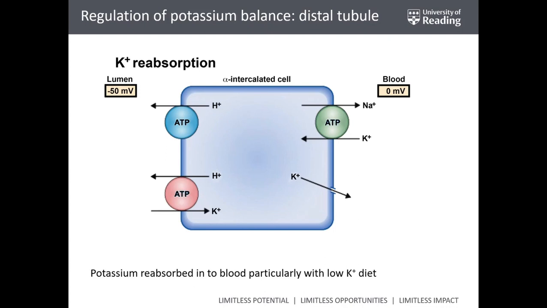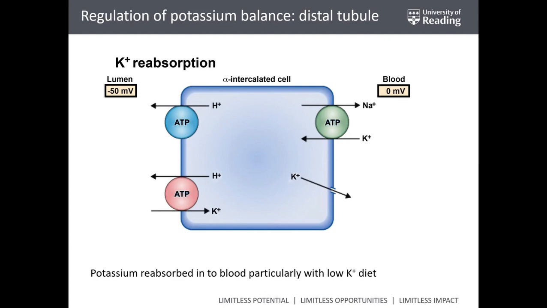So in the distal convoluted tubule, we have alpha intercalated cells, just epithelial cells. The potential of the lumen is minus 50 millivolts, and the potential of the blood is 0 millivolts, okay?